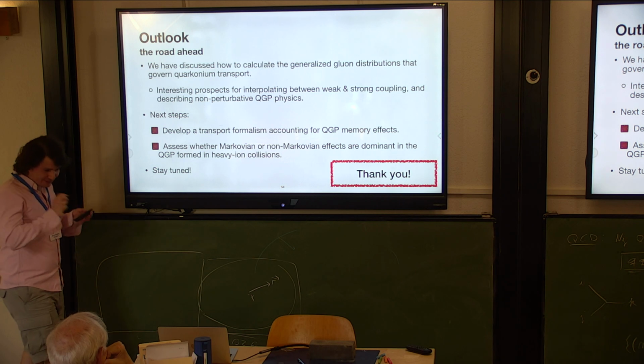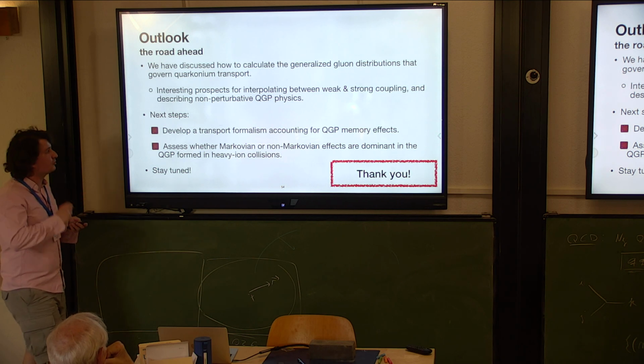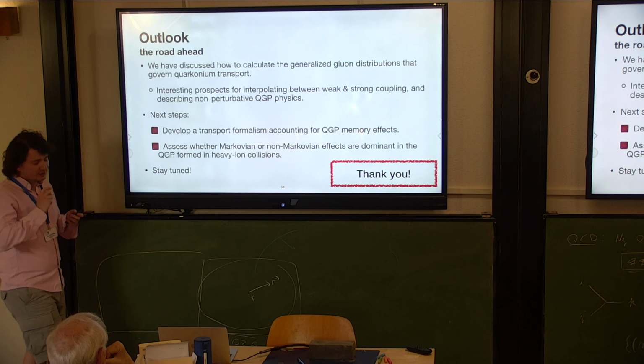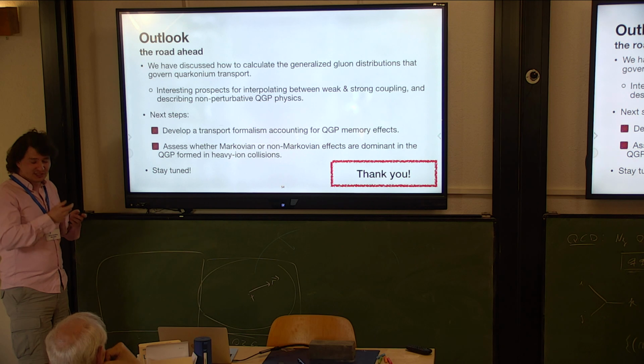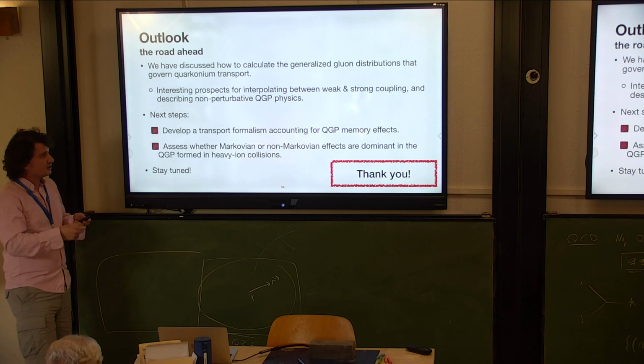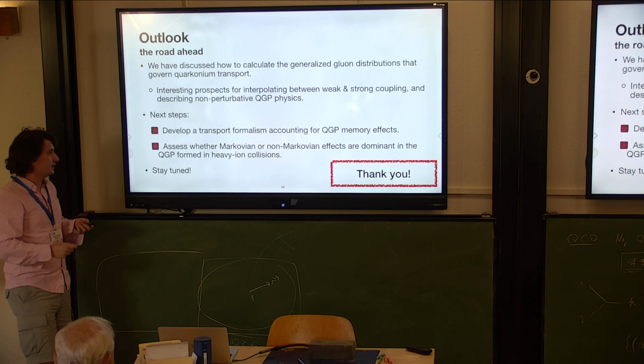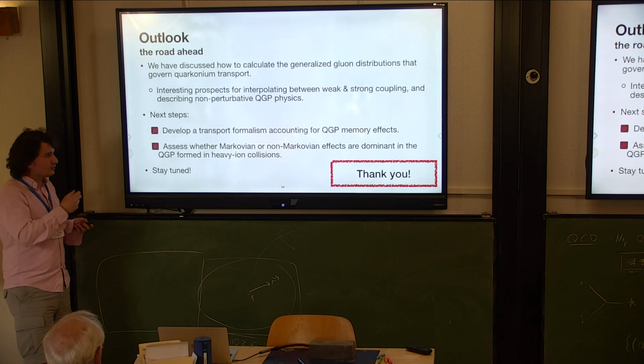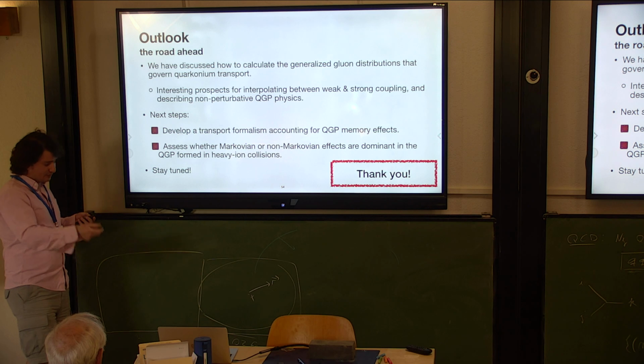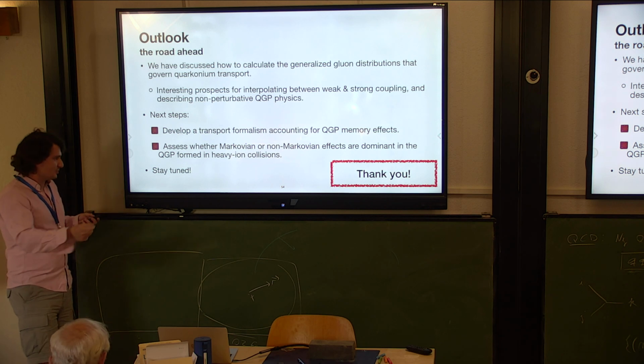Okay, so what we have been doing here is to try to formulate from effective field theory, and succeeded, what are the objects that you would have to calculate non-perturbatively on the coupling constant to get to describe from first principles dissociation and recombination of quarkonium in medium. And here, well, you can do calculations at weak coupling in QCD just by hand.